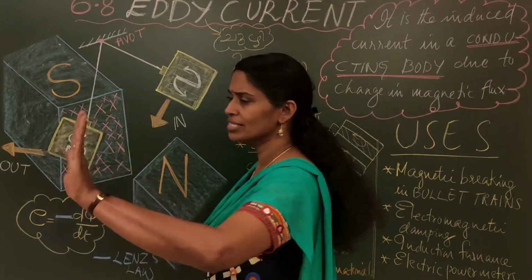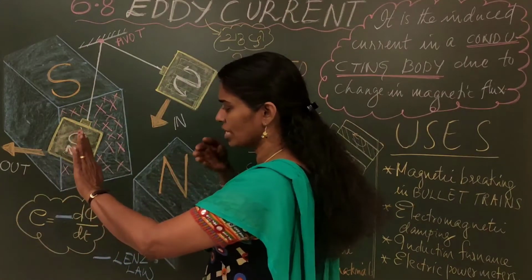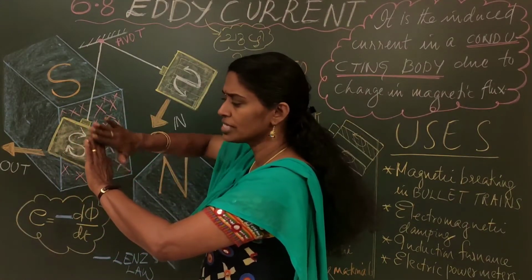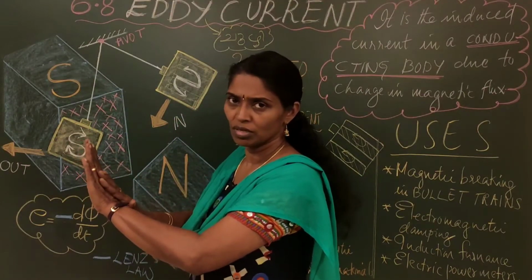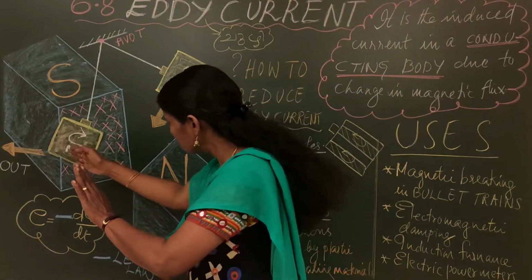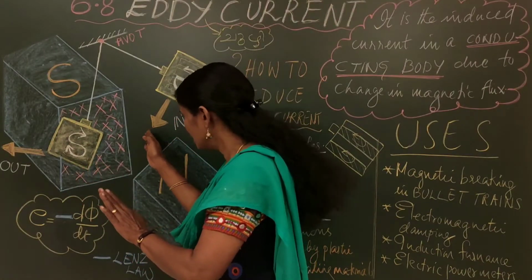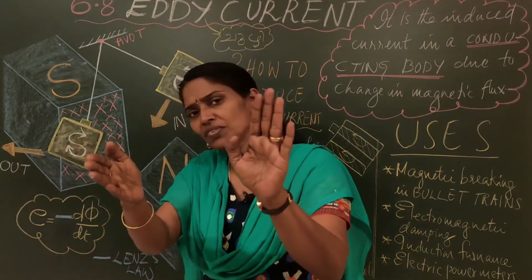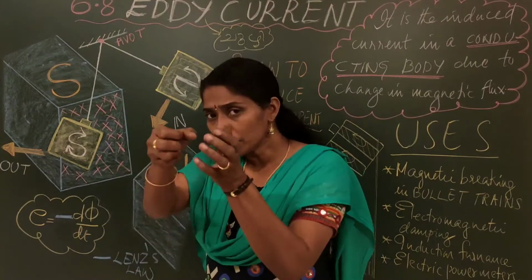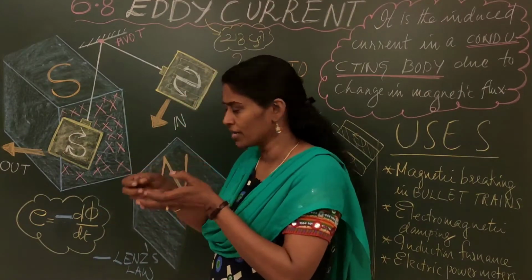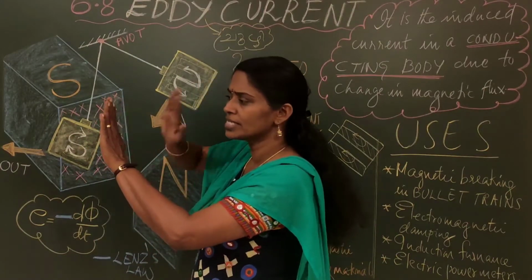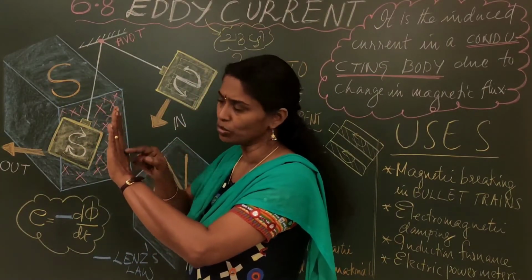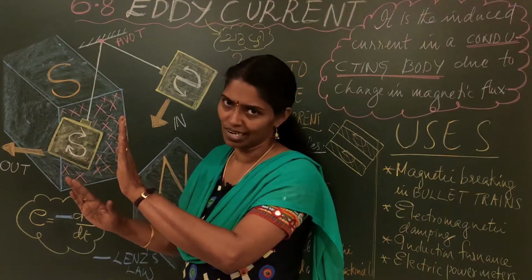So if this is the oscillating metal block, this side of the block should obviously be south, so it is put back. The metal block is moving out of the magnetic field, but I am pulling it in the reverse manner towards the north pole. So this side of the block has to be south, the other side should obviously be north.